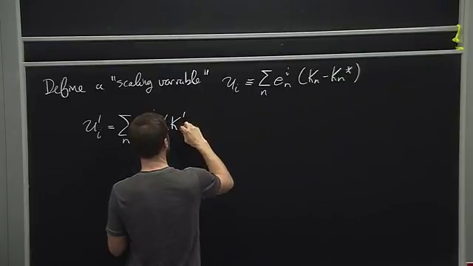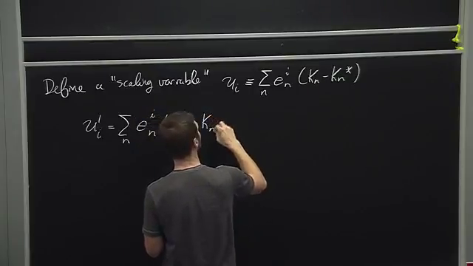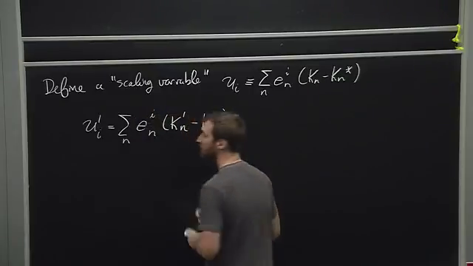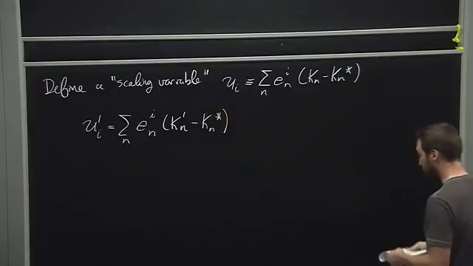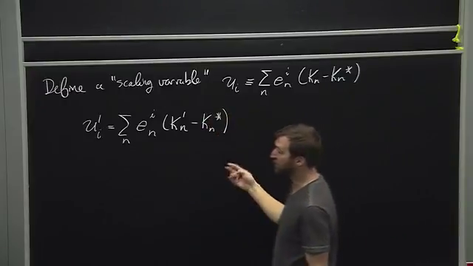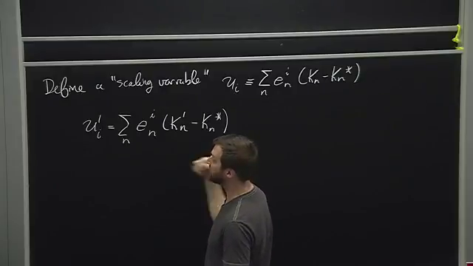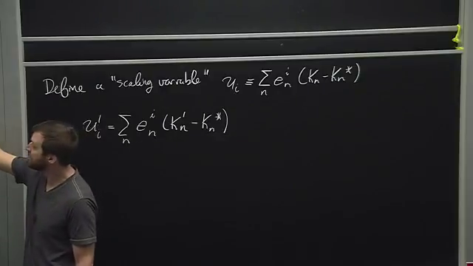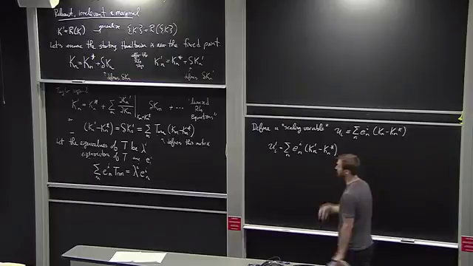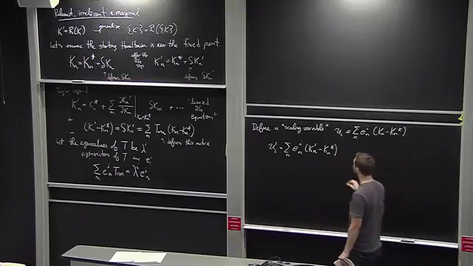It just means replacing K with K prime. But now let me use this relationship here, which is just a linearized RG equation.